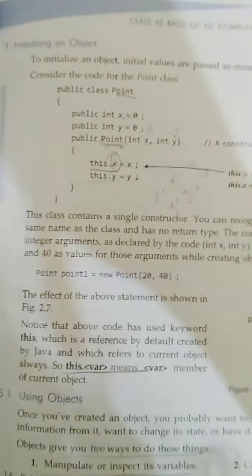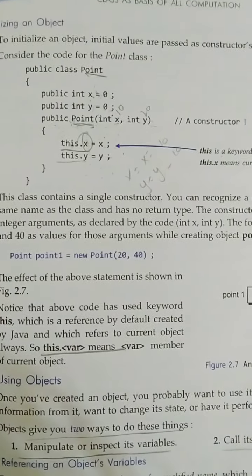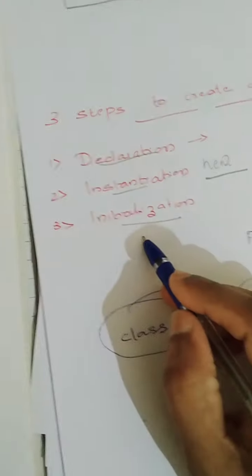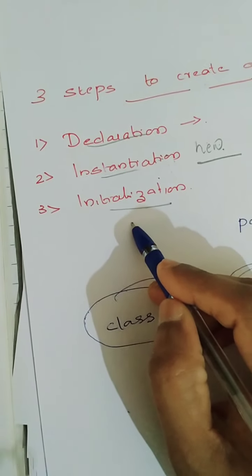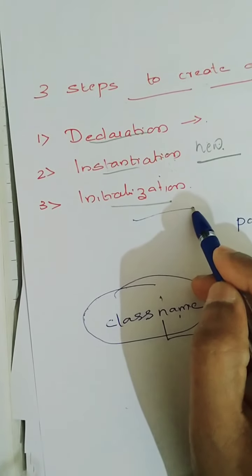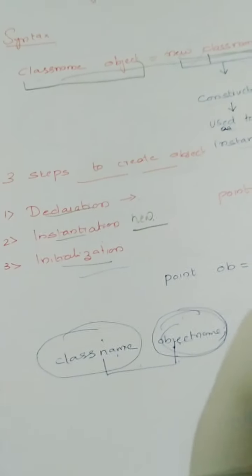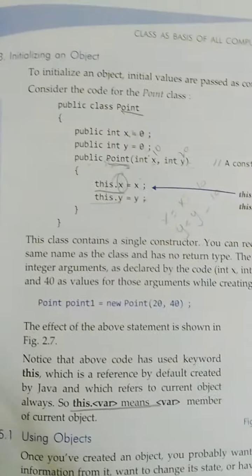And the third step is initialization. Initialization means initializing the object with a value. I have said that this is a constructor call, and I have explained it here.